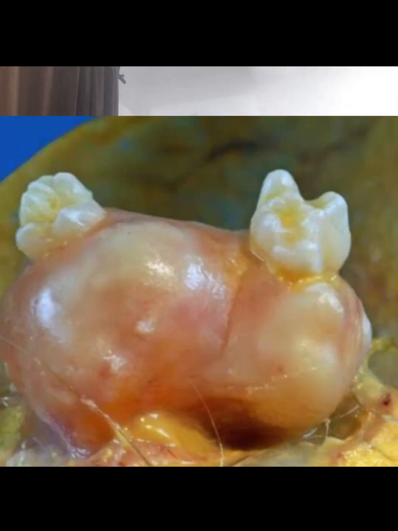So when you have chocolate cyst on the ovary or in the ovary, try as much as possible laparoscopically, that is minimal access surgery, they can be removed. Those chocolate cysts can be removed and ovulation will occur. If ovulation does not occur, you have to induce the person's ovulation using ovulation induction drugs and allow the person to get pregnant.